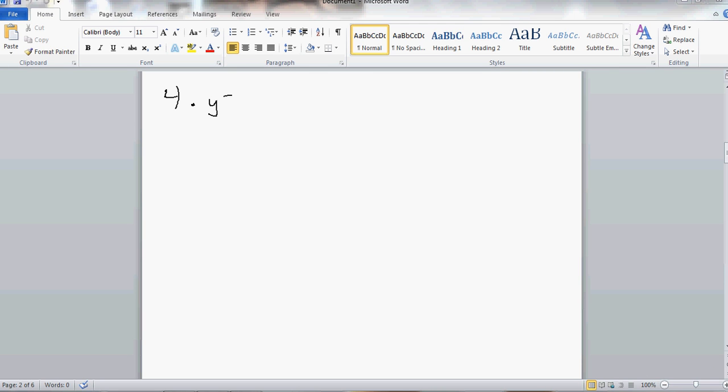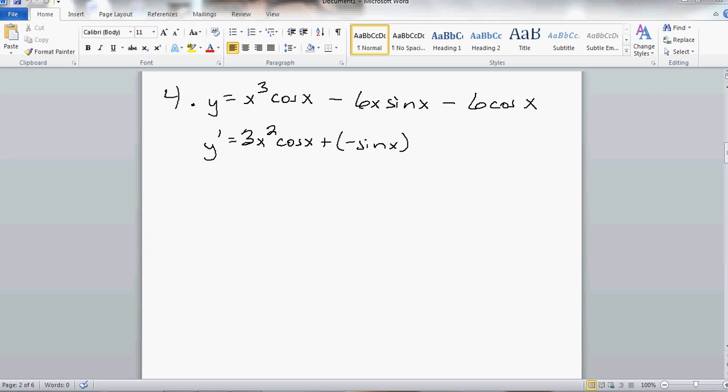So number 4, y equals x cubed cosine x minus 6x sine x minus 6 cosine x. Well, I'm not seeing functions within functions. I'm just seeing a whole bunch of product rules that I'm going to have to use. So y prime will equal, okay, take the derivative of this, 3x squared, leave the second one alone, plus take the derivative of this, so that would be a negative sine x, and leave the x cubed alone, minus, okay, now I have this.